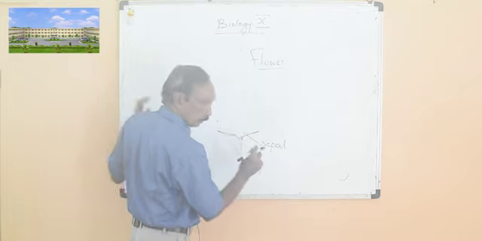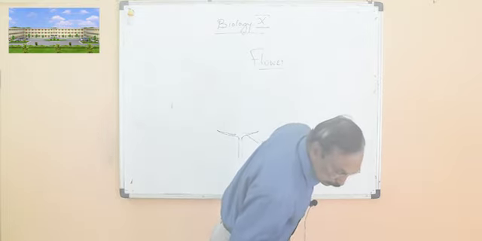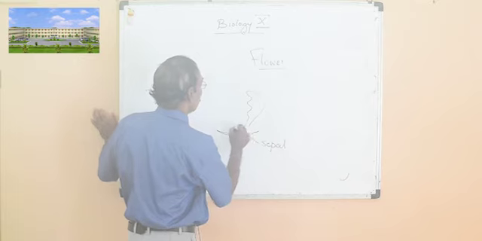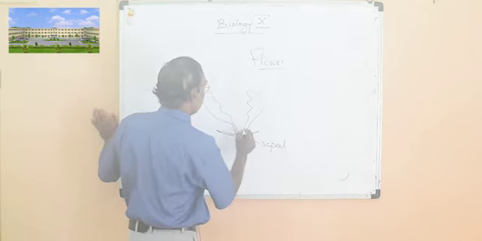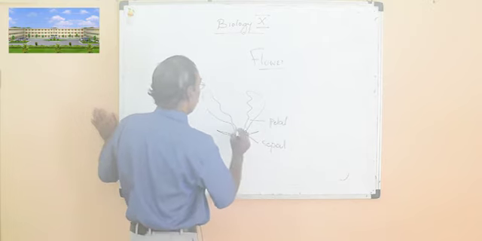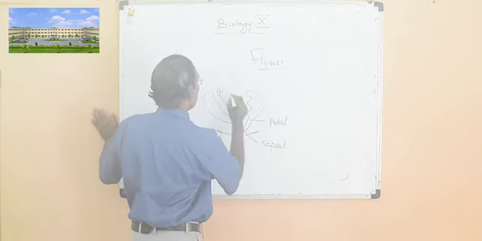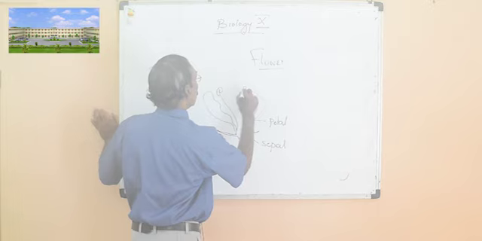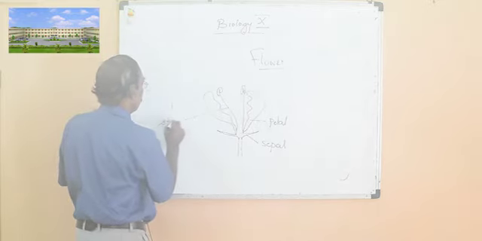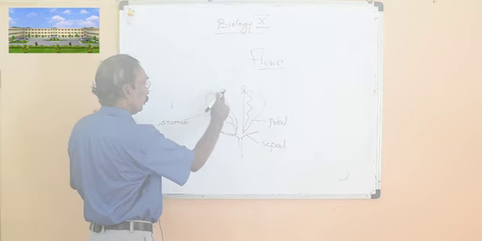The second part, which is usually the colored part of the flower, beautifully colored in many plants, is called petal. Inside you will get the long structure called stamen, and this is the male reproductive part of a flower.